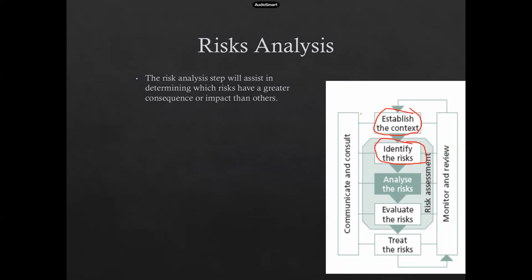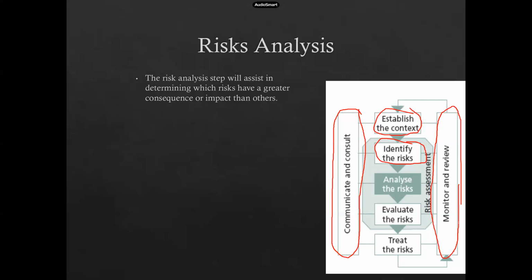So when we communicate with this network, the internal and the external stakeholders, we can consult with them. Similarly, when we see any potential risks, we monitor and review continuously at every step of the way through our project life cycle, and we can assess those risks, analyze and evaluate them, and then later on treat them.